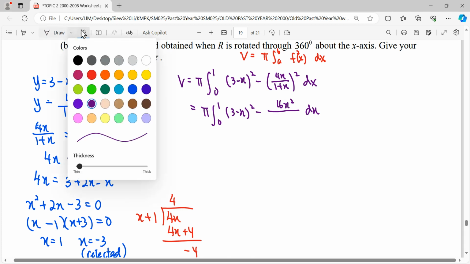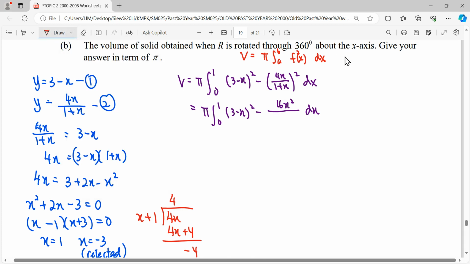To expand the denominator, (a plus b) squared is a squared plus 2ab plus b squared, so it will be x squared plus 2x plus 1. Since this is an improper fraction, we need to simplify first by doing long division.